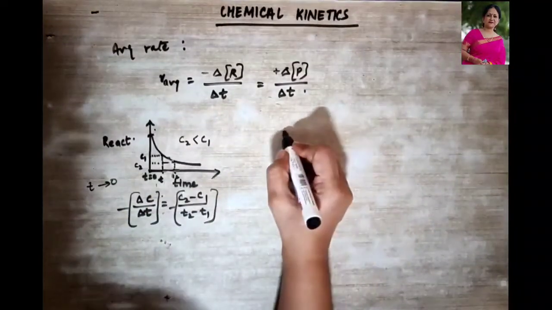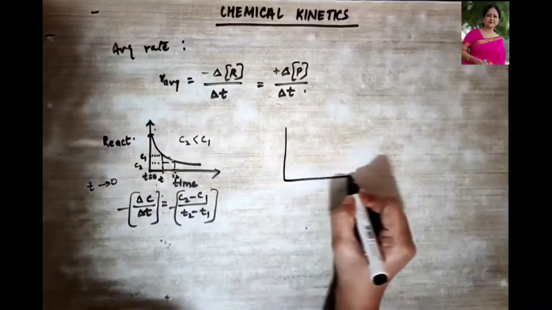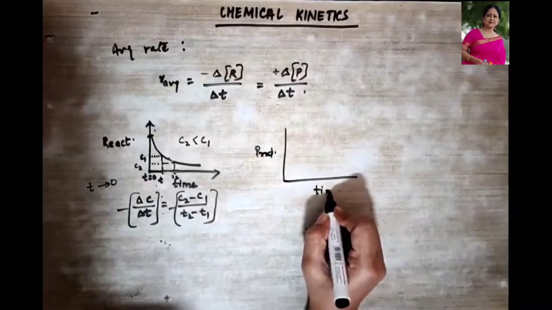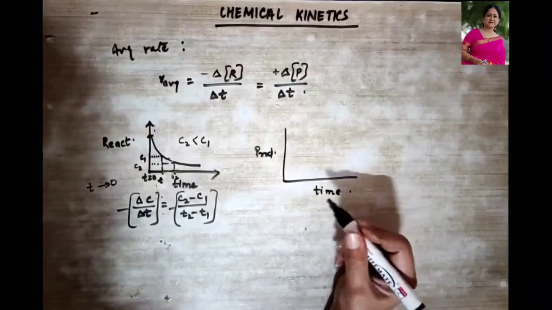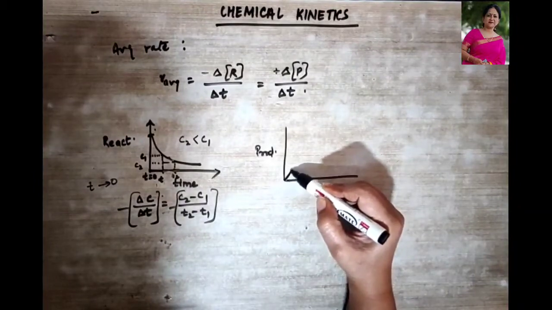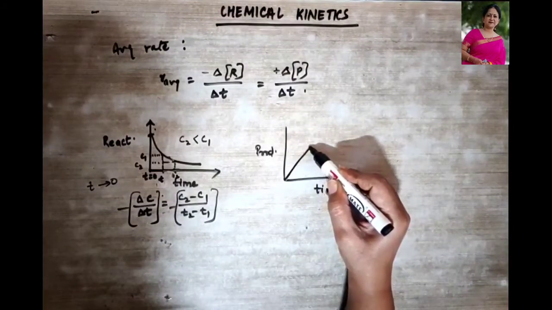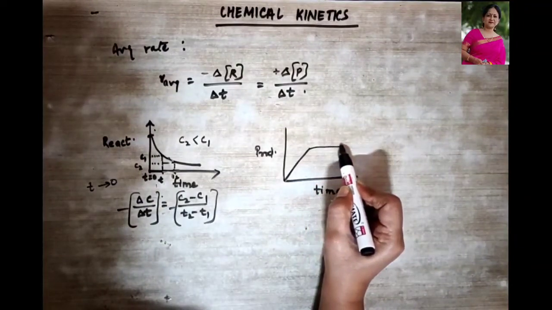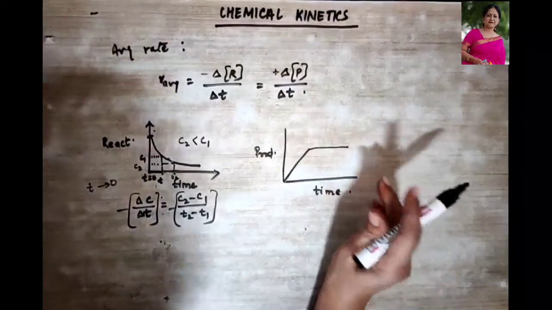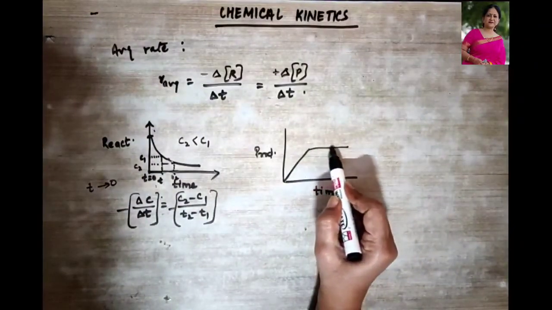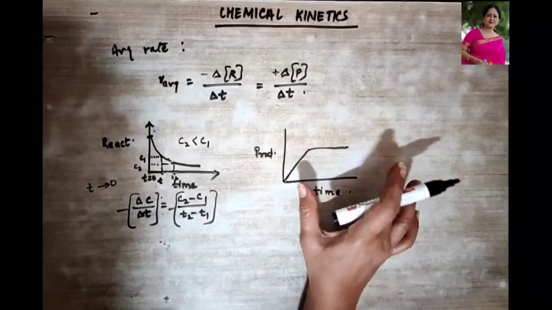Now let us look at one more graph. This is your product, okay, and this is your time. So what do we know about the product? The concentration increases with the increase in time, and a time comes when it reaches equilibrium, so we show it is coming to an end, right?